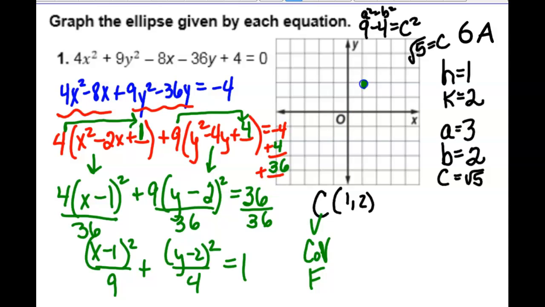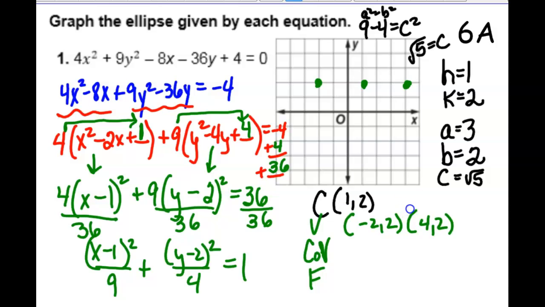Then I am supposed to go in the x direction 3. 1, 2, 3. 1, 2, 3, which tells me that those vertices are at negative 2, 2, and 4, 2. Should have been 3 added on here or subtracted from here. Yes.